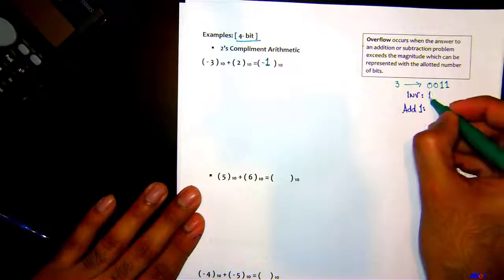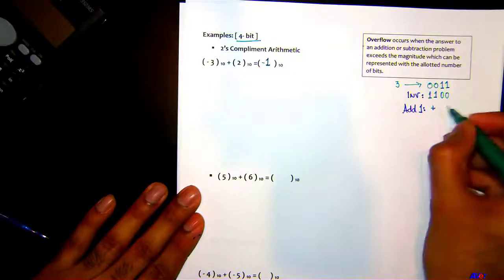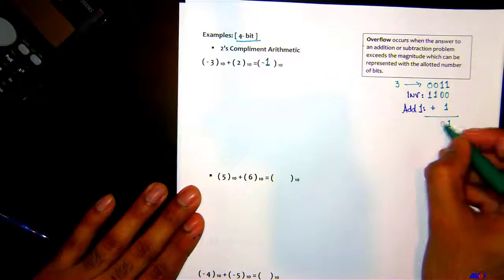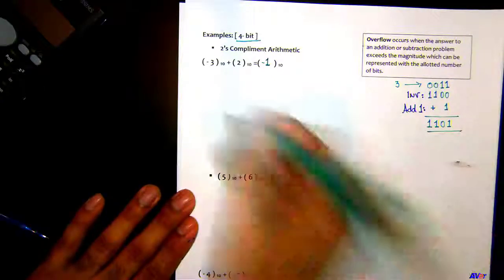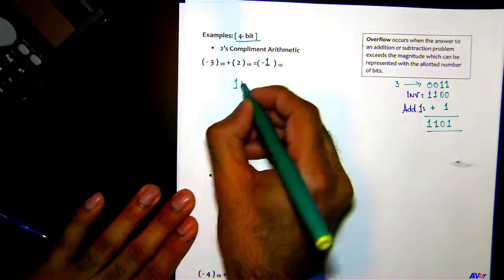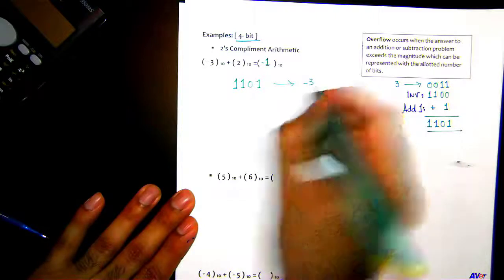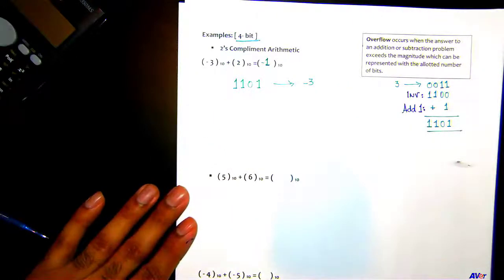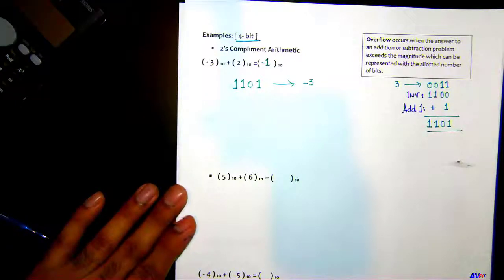So 1, 1, 0, 0, plus 1. 1 plus 0 gets you 1, 0, 1, and 1. Right? Okay. So 1, 1, 0, 1. That's -3. What is going to be the code for 2? Come on, guys.